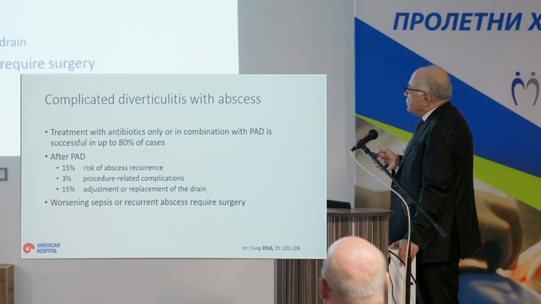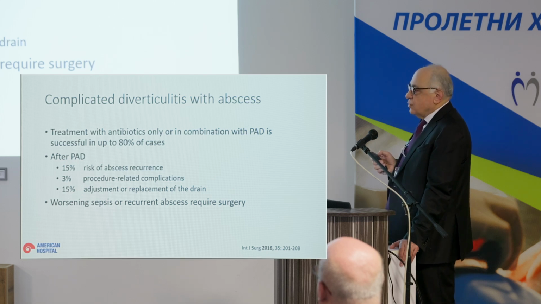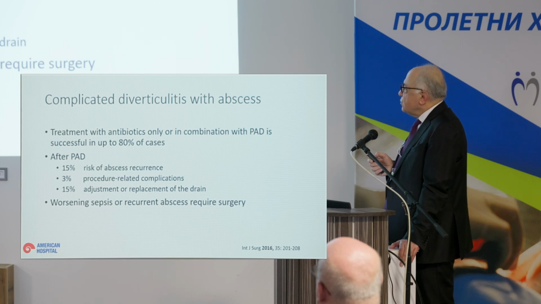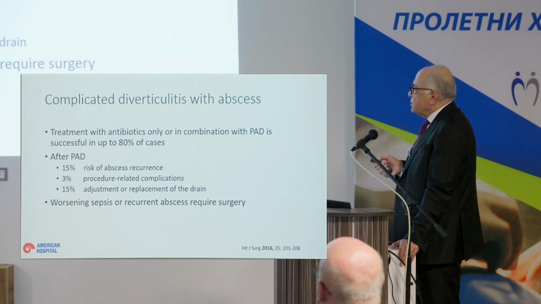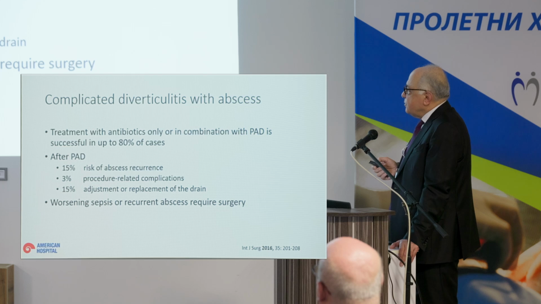Treatment with antibiotics, or in combination with percutaneous abscess drainage, is successful in most of the cases, up to 80%. But after percutaneous abscess drainage, there is a risk of abscess recurrence in 15% of the cases, and we may see some procedure-related complications during the abscess drainage.